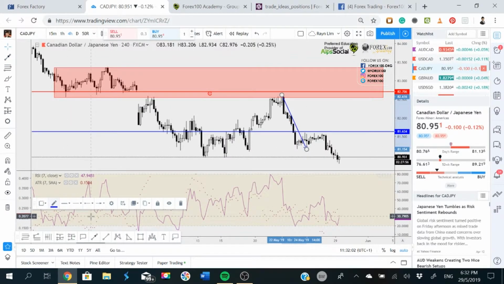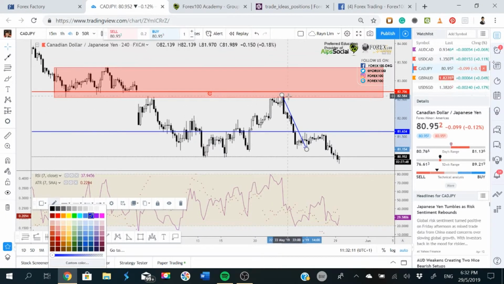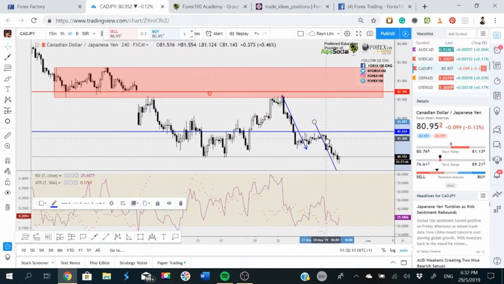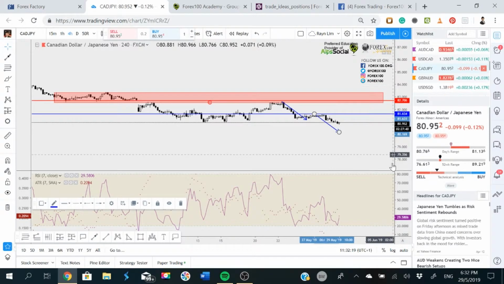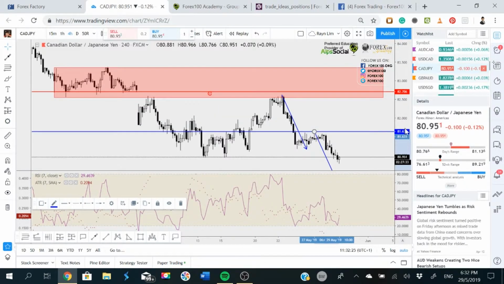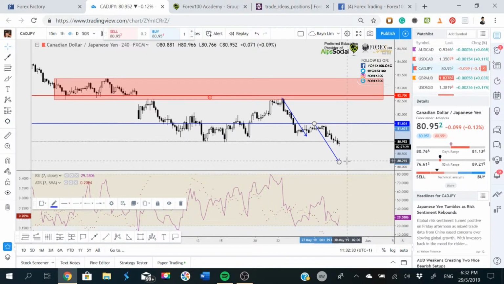I would love to change the style and thickness. So this is the level, and if I do an AB equals CD, more likely these patterns will end at 8016. So this is the price I'm looking for a buying opportunity.